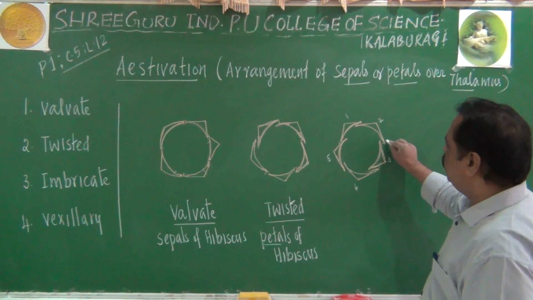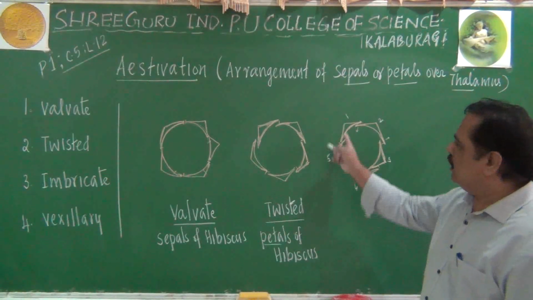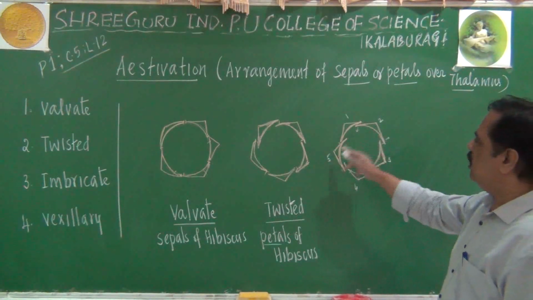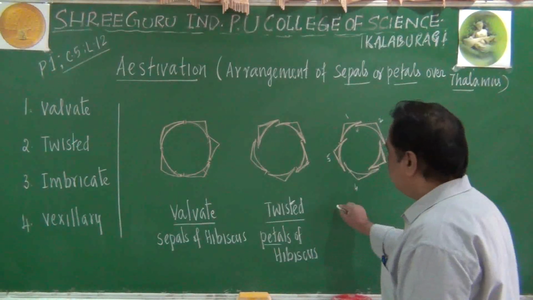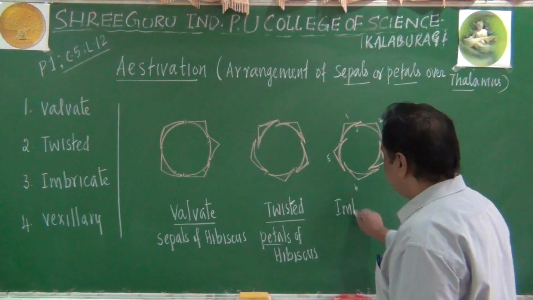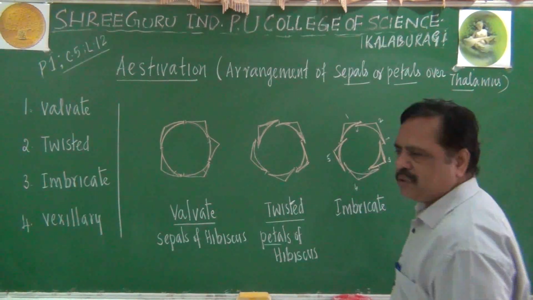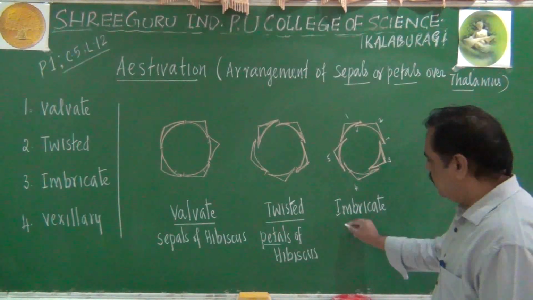Twisted means what? One margin outside, one margin inside. In this way. This is completely outside. This is completely inside. Remaining 3 are in twisted condition. We will call it imbricate aestivation. Where do we find imbricate aestivation?